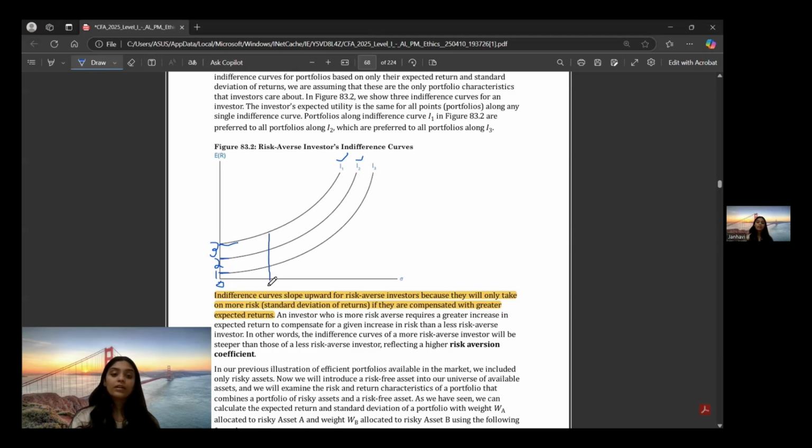For example, this is 1. For taking on 1 unit of risk, he's getting higher returns in the I1 portfolio than in I2 and I3. Hence, technically, the I1 portfolio, which is on the I1 curve, is more preferred by any investor.